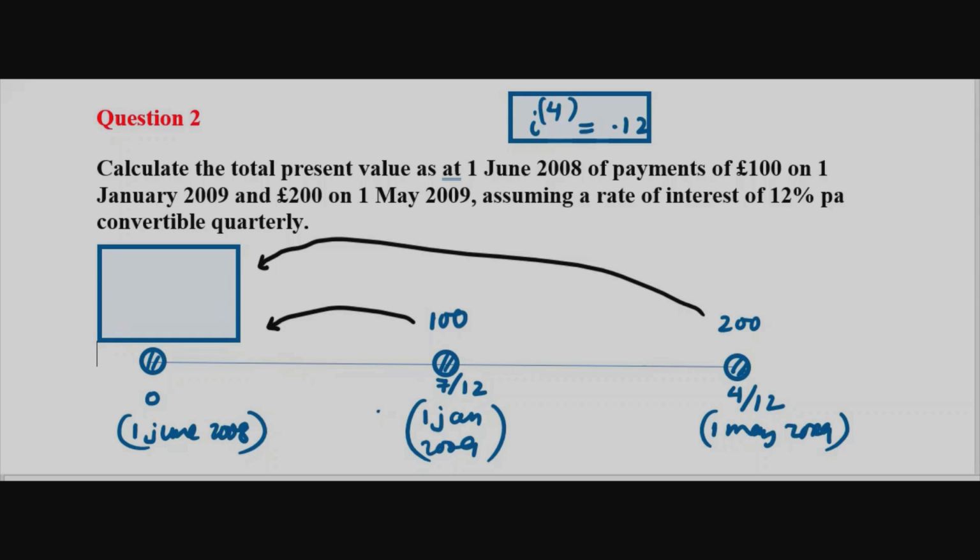If you have any doubt, you can ask me whenever you have doubt. So for 100, here I can write 7 divided by 12, and 4 divided by 12. From I4, am I correct? This is 7 divided by 12, June to January.